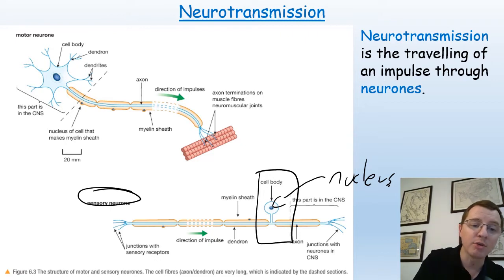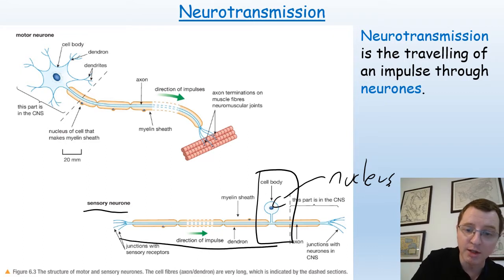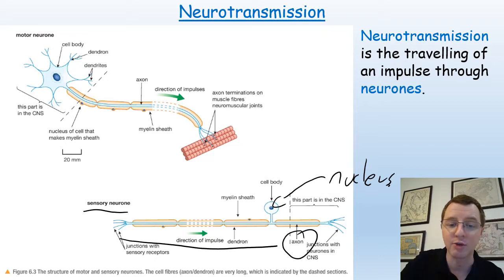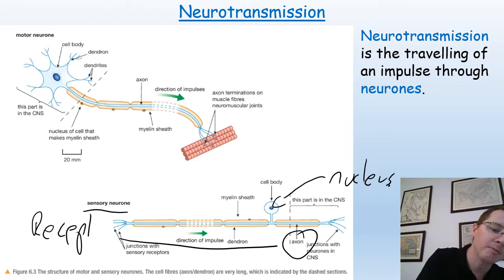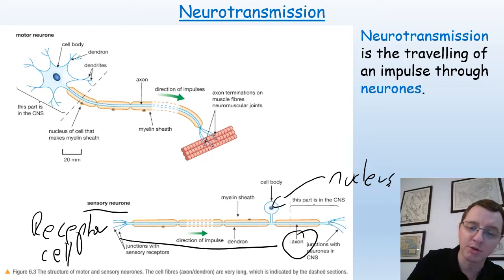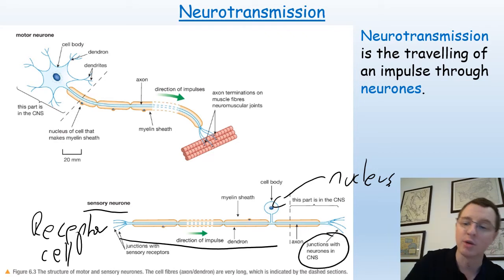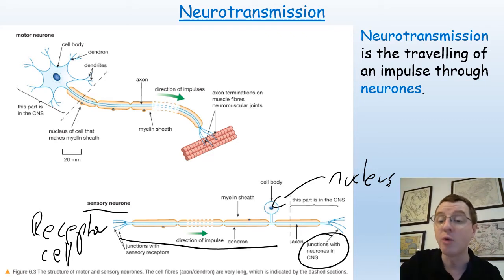And sensory neurons tend to have a very long dendron, and the dendron is before the cell body, and then after the cell body here we have a much shorter axon. And the sensory neuron will connect with, on one side, the receptor cell, and on the other side it's going to attach to the central nervous system. You can see that written down here, the central nervous system and the relay neurons. There will of course be a synapse between the two.